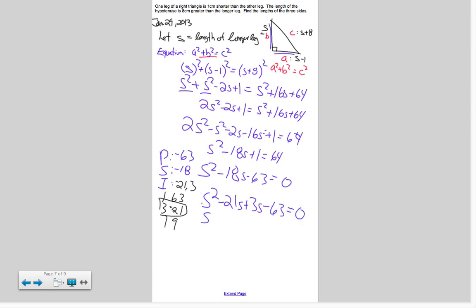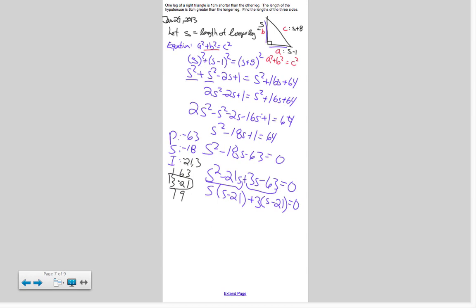I've got to stop thinking about x's. So I'm going to factor out s out of this part, so I get s minus 21. What am I going to factor out here? 3. So s minus 21 is equal to 0, and I get s minus 21 times s plus 3 is equal to 0.